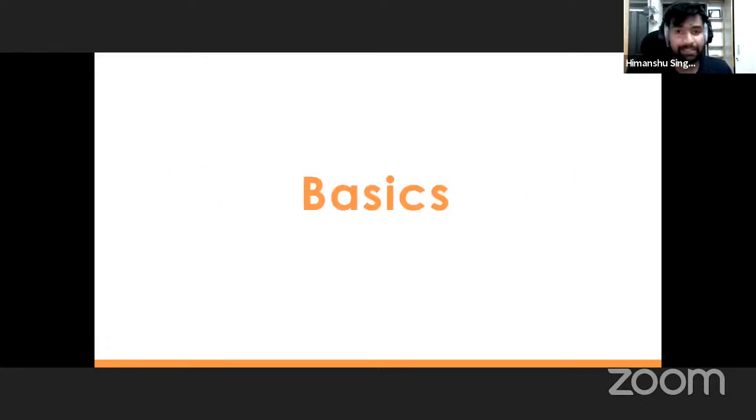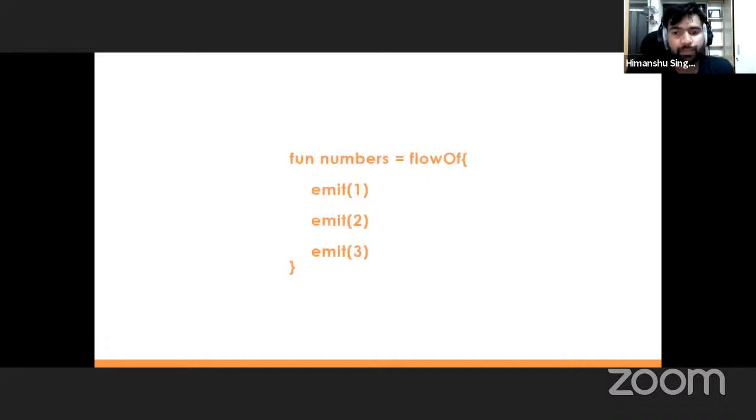Now, let's understand the basics of it first. It's a very basic thing how we need to understand Kotlin Flow, and this is how we are going to plan it out, right? Even before understanding the logical things, let's go to the starting part. If you see, we have a function numbers. We used flowOf, right?